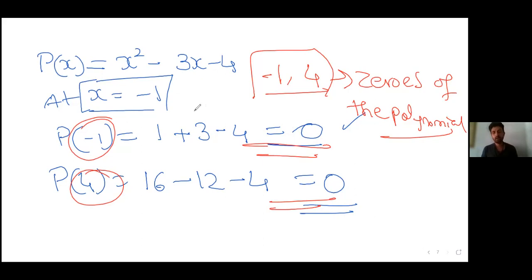So generally, a real number k is said to be a zero of the polynomial p of x if p of k is 0.